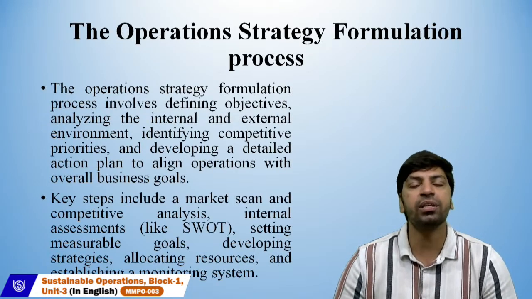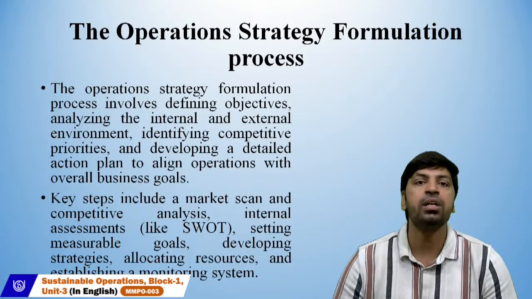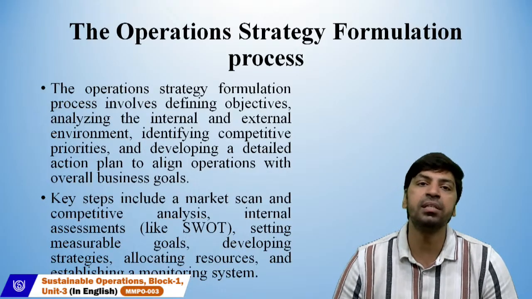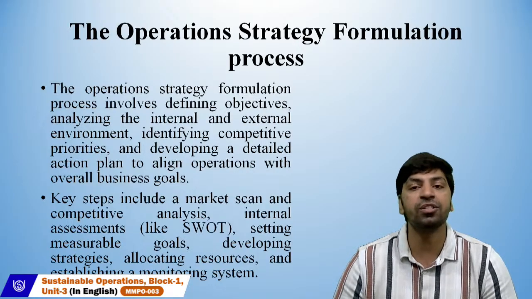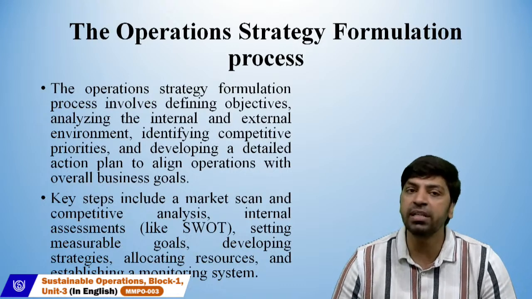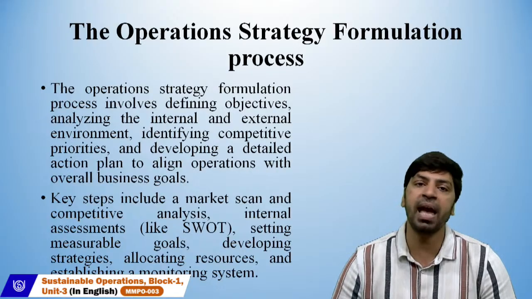The next section is the operation strategy formulation process. The operation strategy formulation process consists of defining the objectives, analyzing the external and internal environment, identifying the competitive priorities, and developing a detailed action plan to align operations with overall business goals.